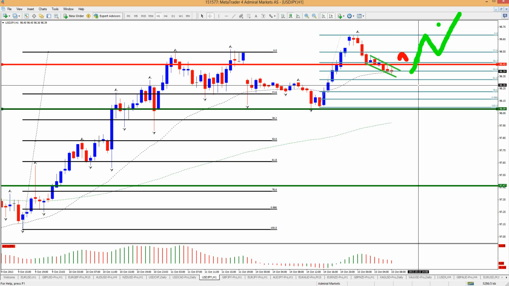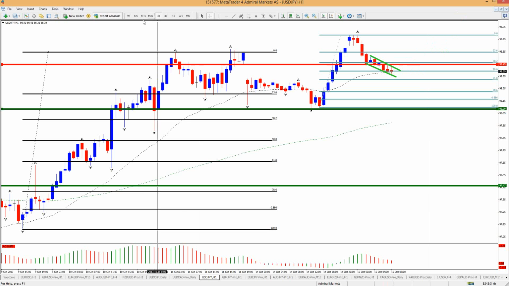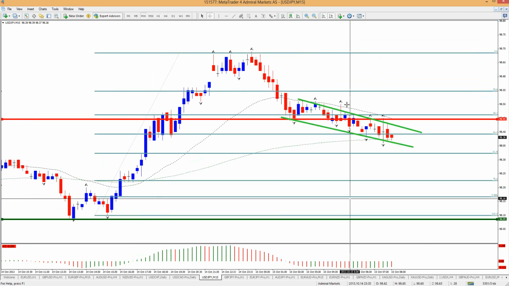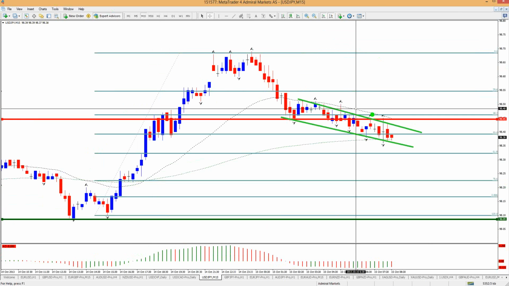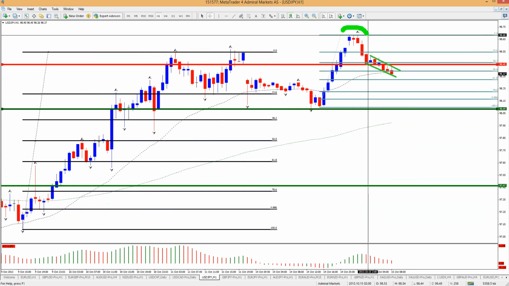So the 4 hour makes a lot of sense if you were using the 1 hour, maybe even the 30-minute fractal break. But if you use the 15, I think aiming for the 4 hour is kind of aiming for two resistances away, which makes the odds of that trade succeeding lower. So if you then look at the 30-minute chart, that would be the entry above the 30-minute fractal here, and the target would be the 1 hour resistance, which is this level.